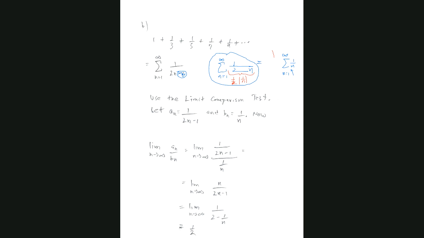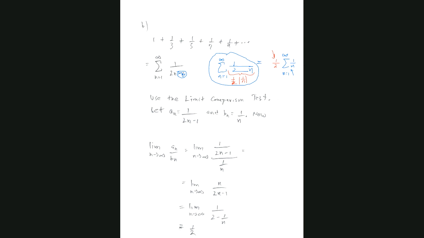So what then goes in front of the harmonic series here? 1/2. That's right. Good, Robin. So let's discuss what we're doing here. I had a formula for my series.